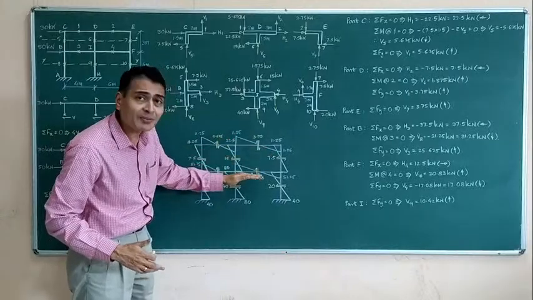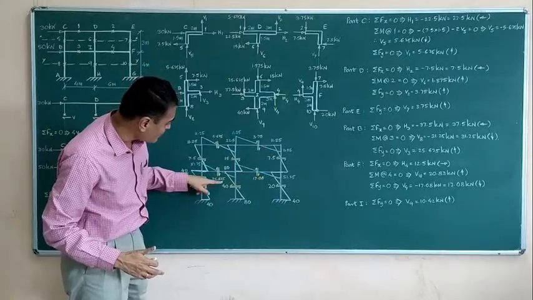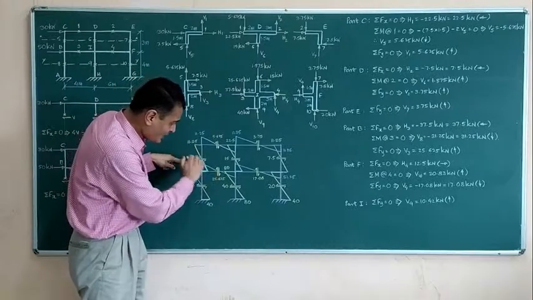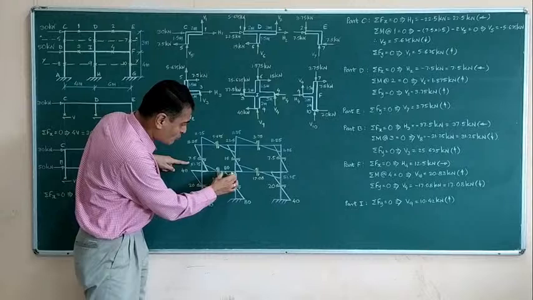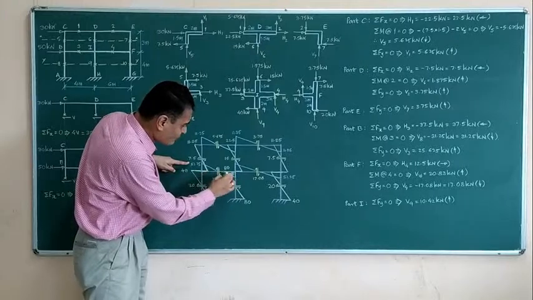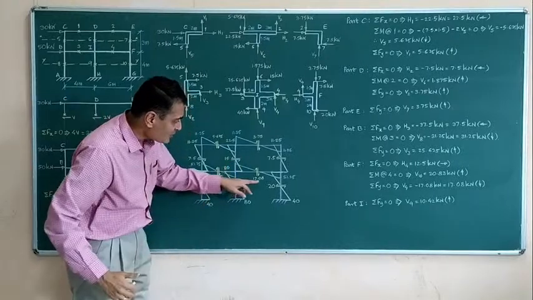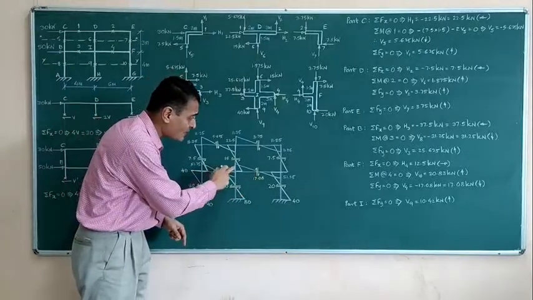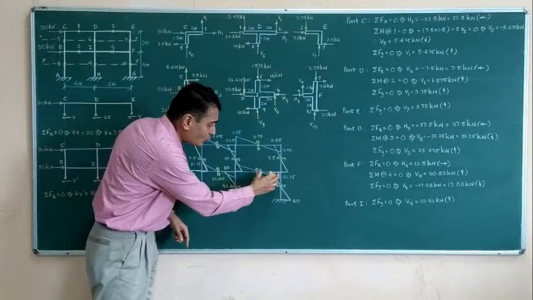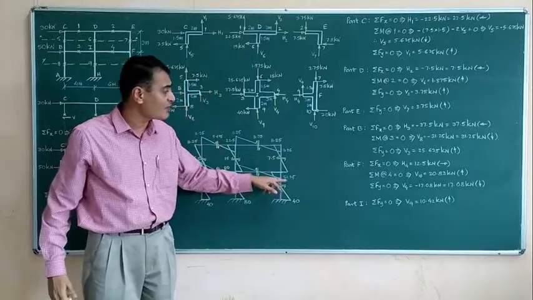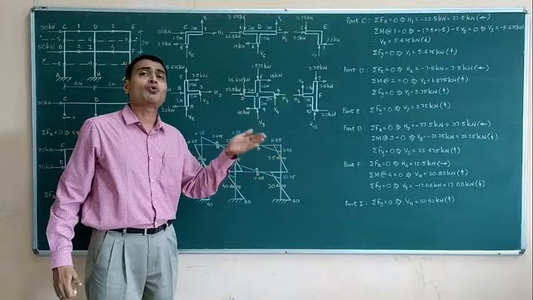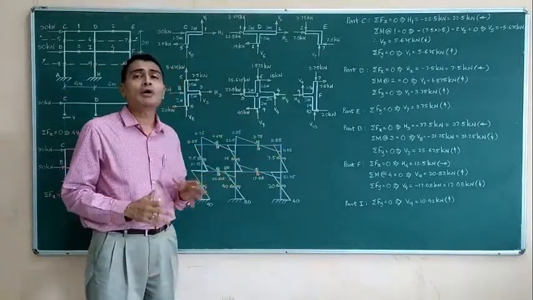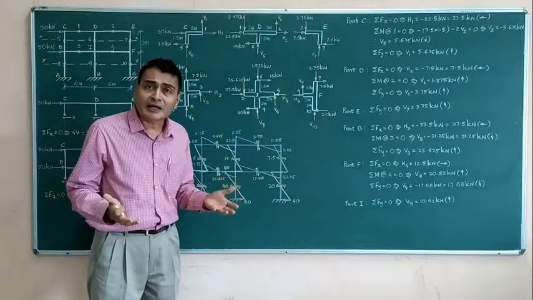When I go to the next level or lower level beam, 25.625 into 2, I am getting 51.25 sagging, and 25.625 into 2, that is again 51.25 hogging. 17.08 into 3, again I will get 51.25 sagging, and 17.08 into 3 hogging, 51.25. Sagging positive, hogging negative, linear variation. That is how I simply draw my BM diagram.